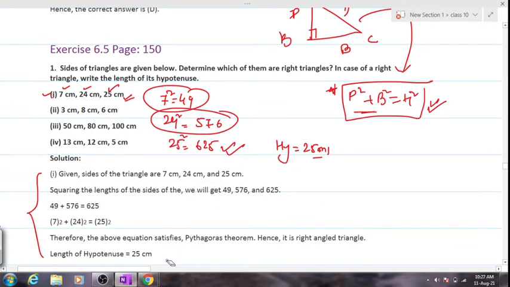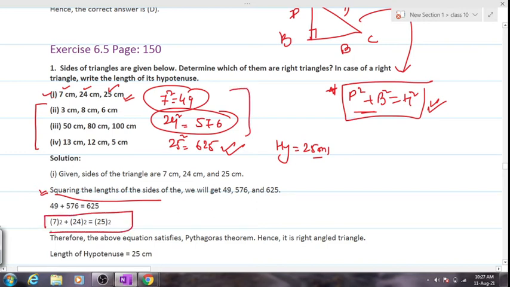Confirm. Yes, sir. Sure. Now I would expect you to solve third, second and fourth one right now, and make sure you write things as written out here. You don't have to write squaring, just write it like this, and end of the line you'll write this way, and therefore you'll say that therefore Pythagoras theorem is being satisfied, hence it is a right angle triangle, and just write hypotenuse length is equals to 25 meter.